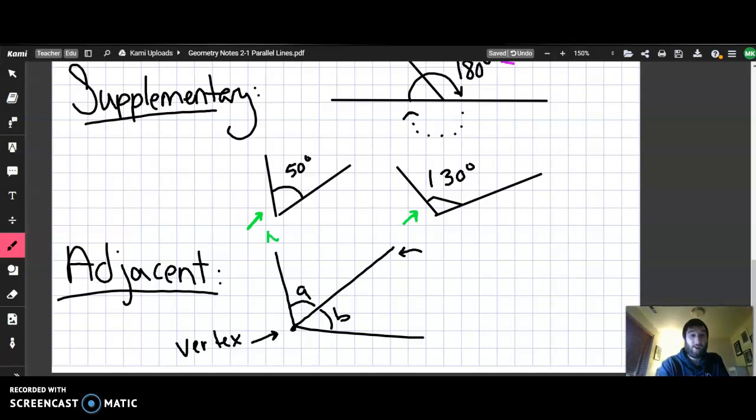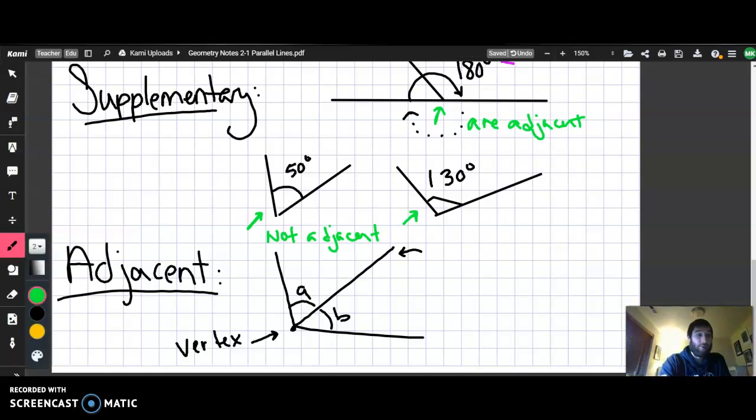So these are not adjacent, because they don't share that vertex and ray. But these angles up here are adjacent. They're adjacent and they make a straight line. And so not only are they adjacent, but they're also supplementary.